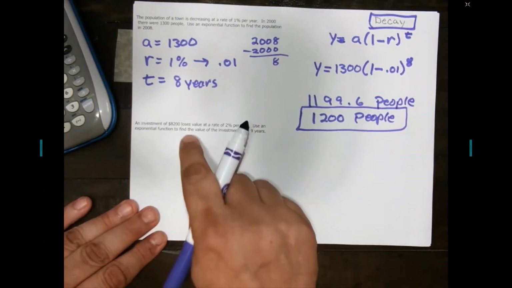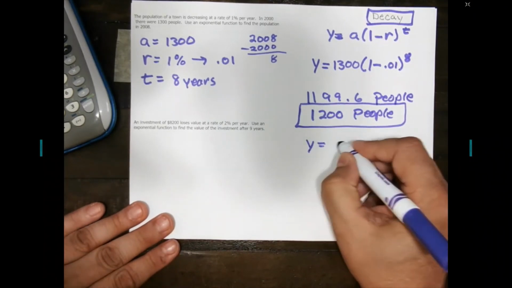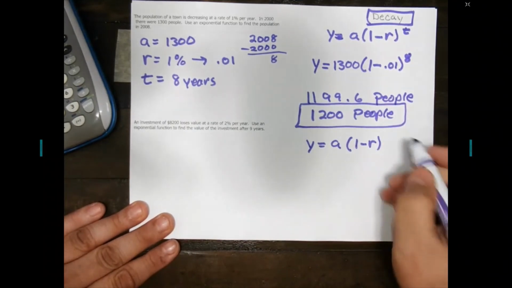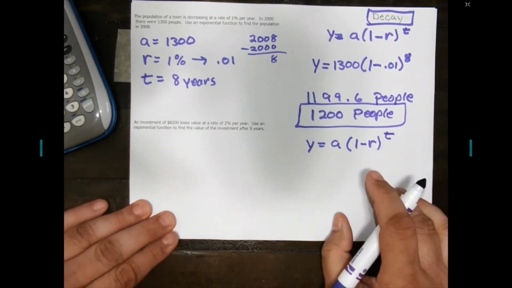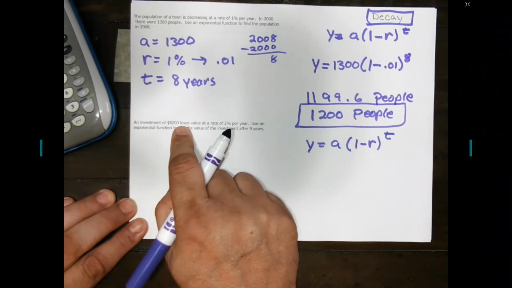Okay, another example. Again, write your equation down. Y equals A times 1 minus r, that tells me it's decay, to the t. An investment of $8,200. So I'm starting with $8,200 as my investment, or what I put in the bank, however I invested it.